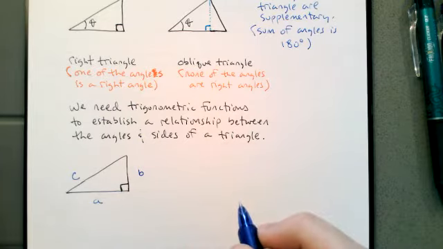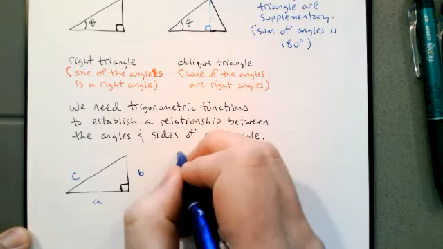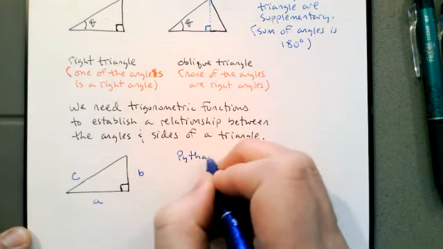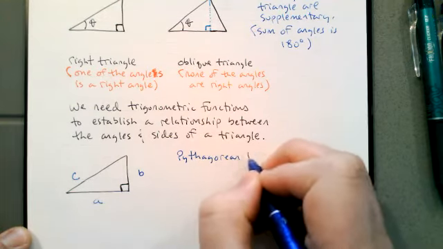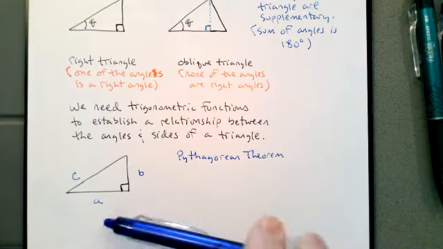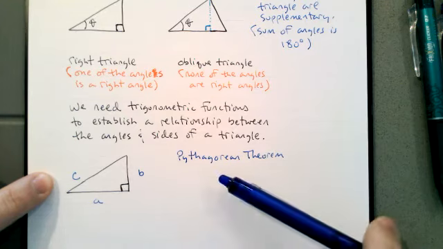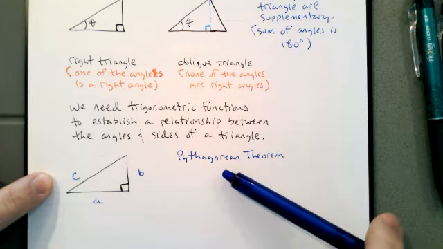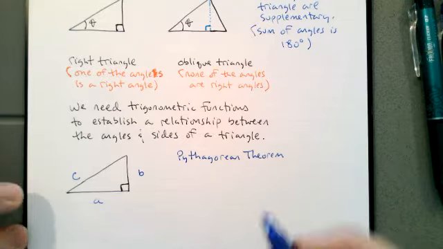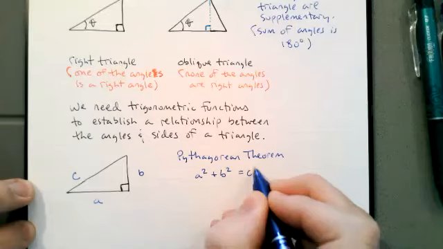It's not that A and B will equal C. A squared plus B squared equals C squared. If we call the two legs A and B, and C is the side opposite the right angle, then we can write the Pythagorean theorem as a relationship between just the sides. A squared plus B squared equals C squared.